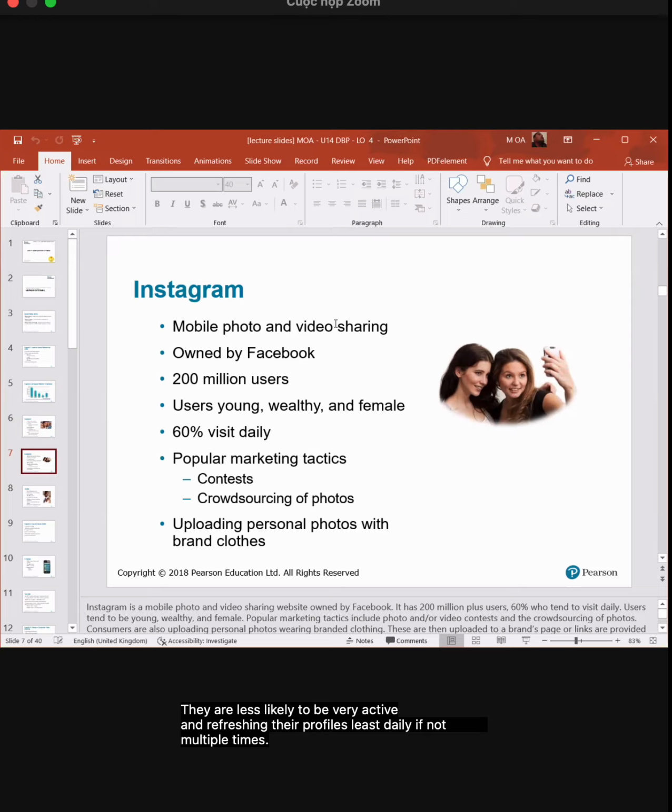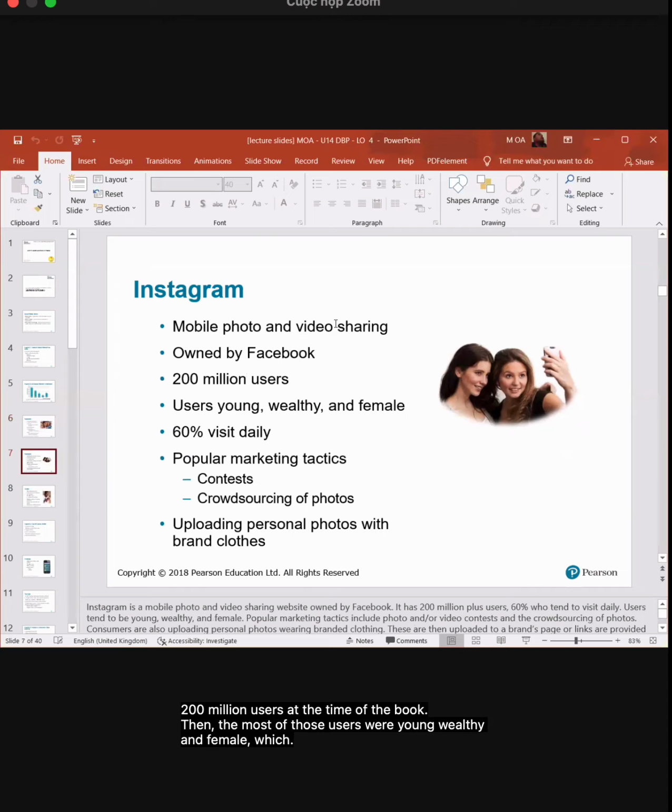On Instagram, which is a mobile photo and video sharing application owned by Facebook with about 200 million users at the time of the book, most of those users were young, wealthy, and female.